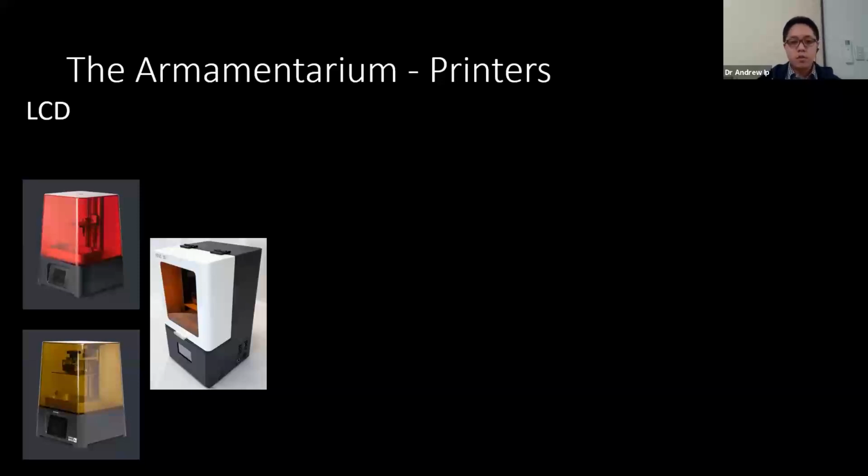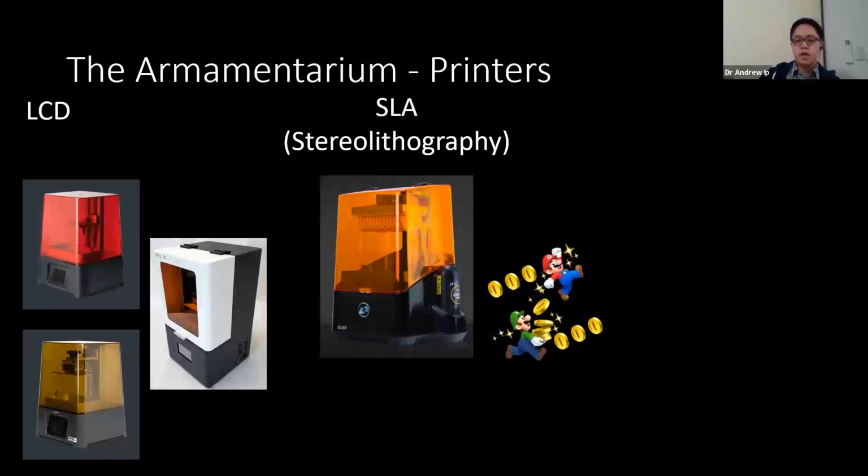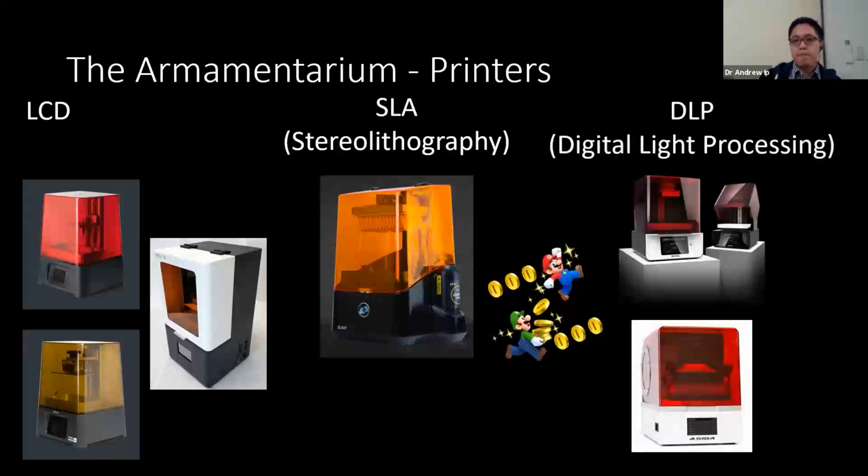But of course, if you want to move up, you've got SLA printers. They use a laser, but essentially you're still using light to cure layers. As you move further up, you've got DLP. You've got printers like the SprintRay and the Asiga, and these printers are very accurate.